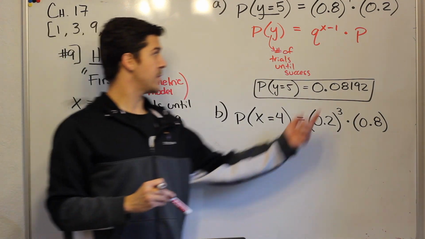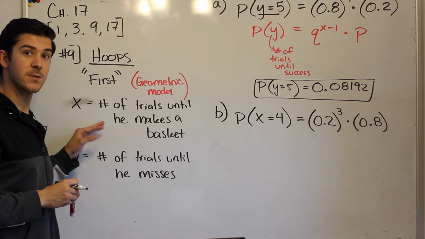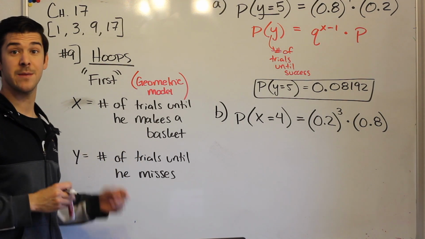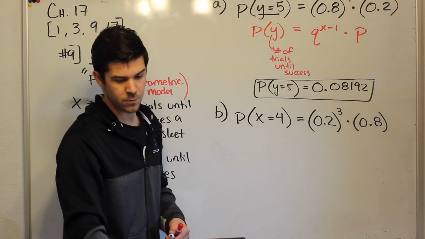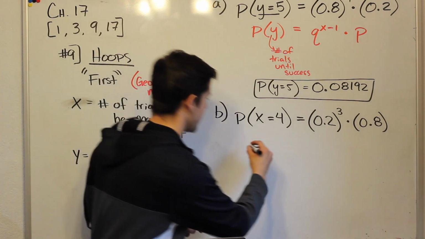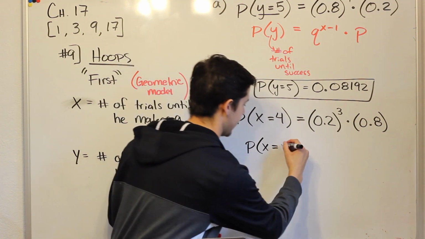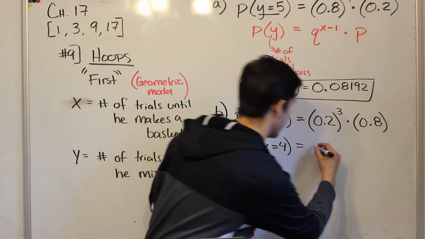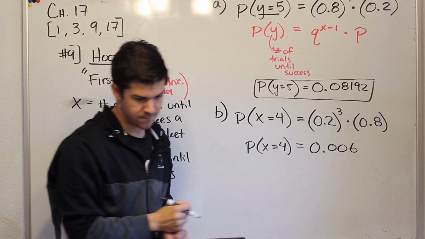In this case, we switched the P and the Q because in the scenario where we used X, we care about him actually making it. In the other scenario, we care about him missing it. In this problem, once you go for a solution, you will find that the probability of him making a basket after 4 attempts is going to equal a value of 0.0064.